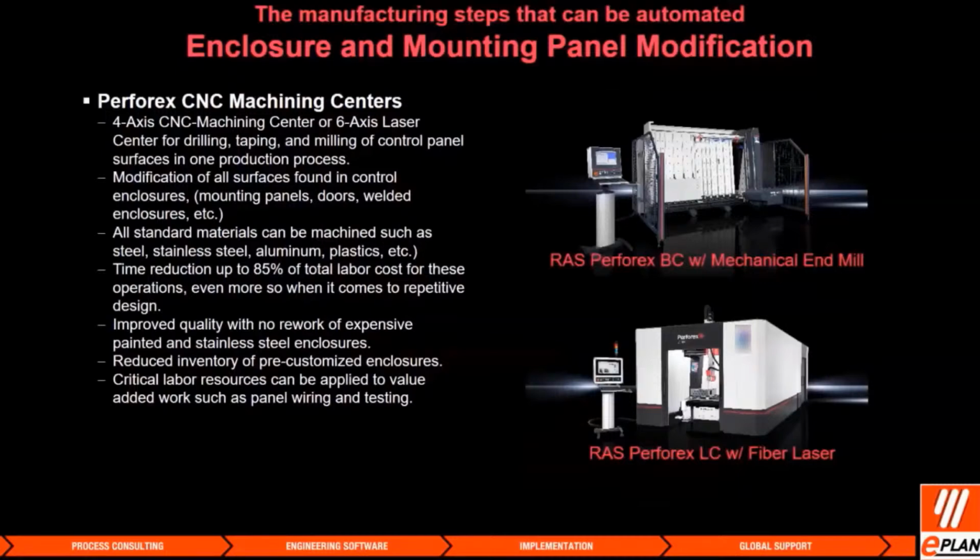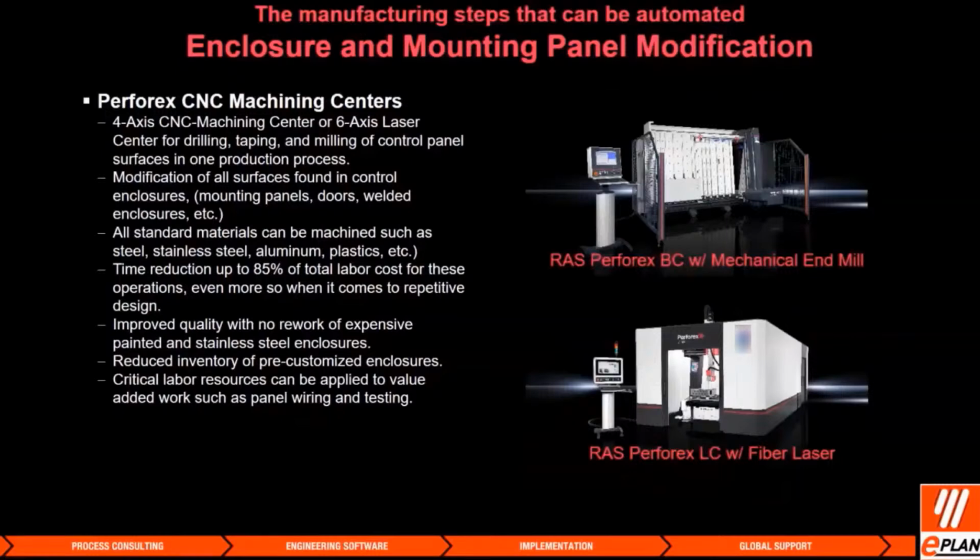So both of these machines can drill, tap, and cut out larger openings in the material, and we can work on any surface of an enclosure, say a 3D welded box. Both machines are fully capable of that.